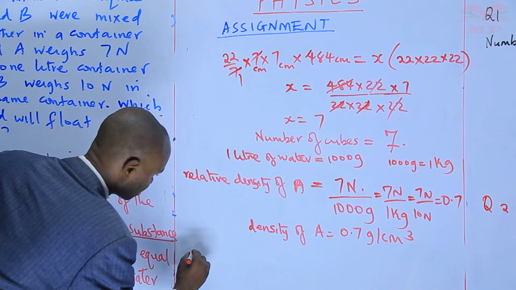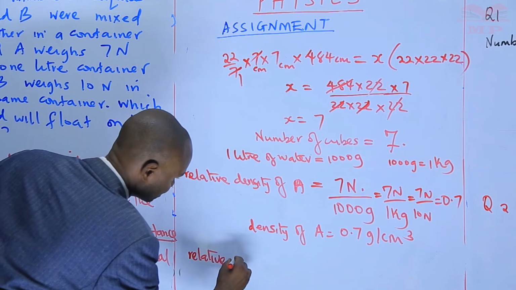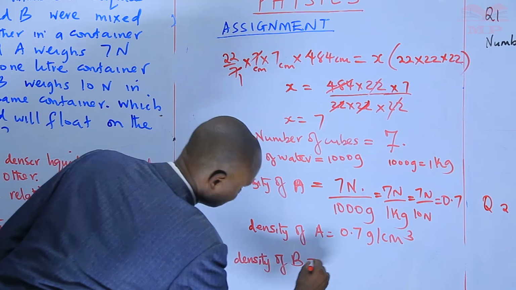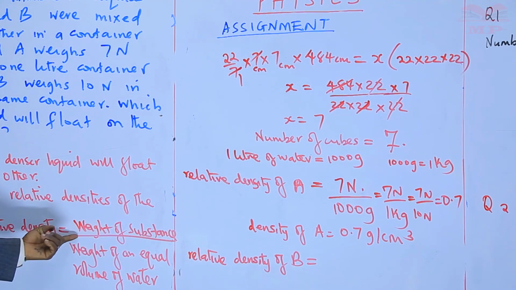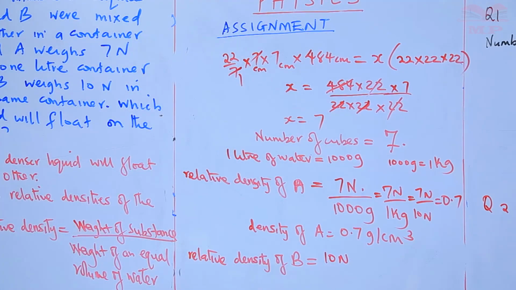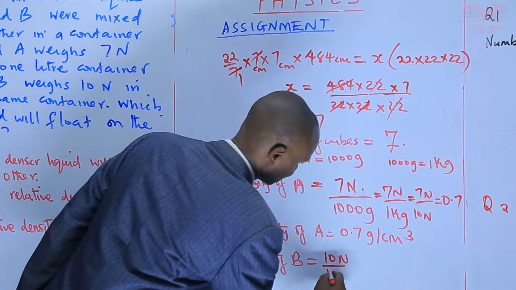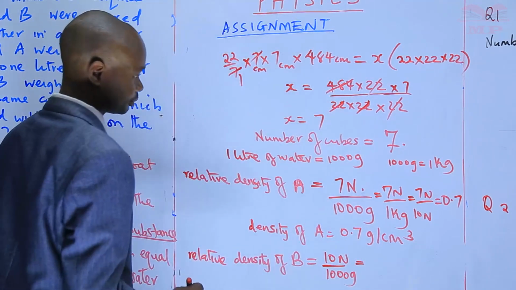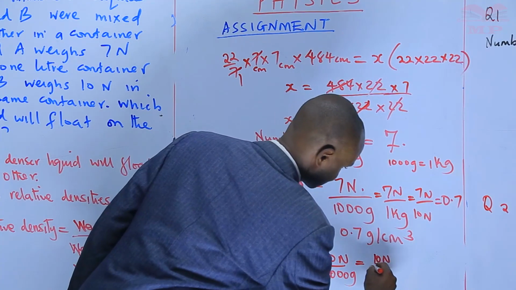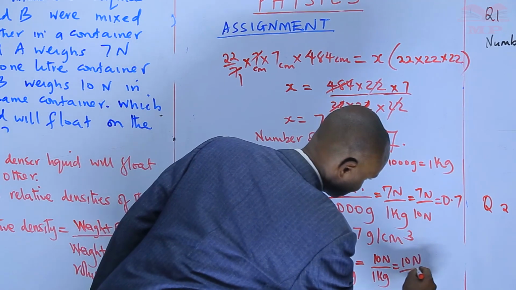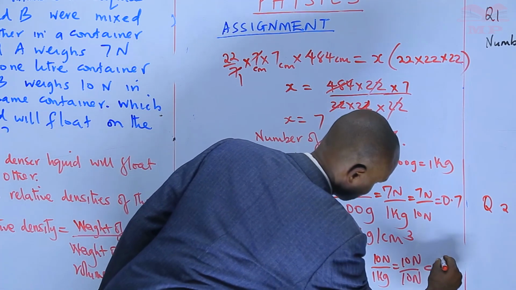So we say relative density of B. We shall just do the same. Relative density of B, I've described it here. We got 10 newtons over 1,000 grams, which is equal to 10 newtons over 1 kilogram, which is 10 newtons over 10 newtons, which is 1.